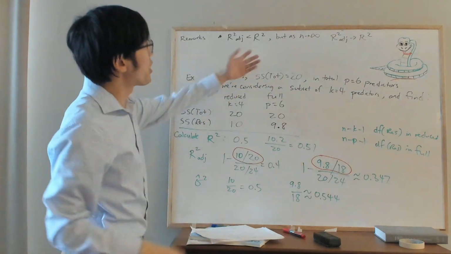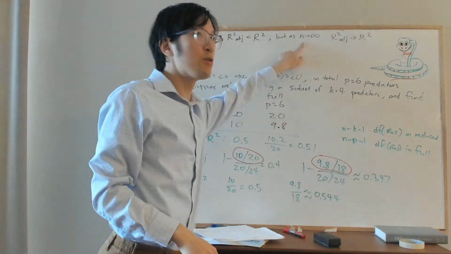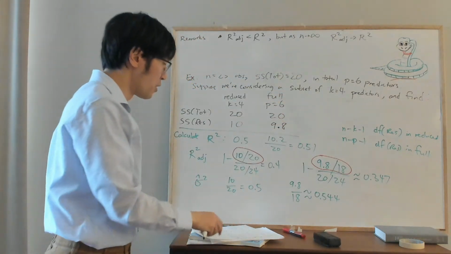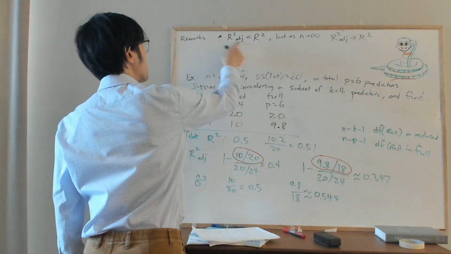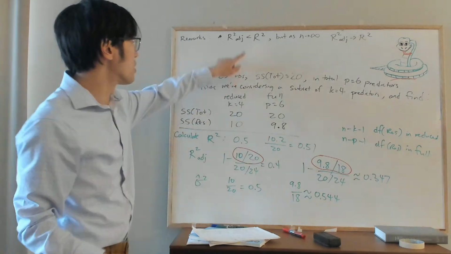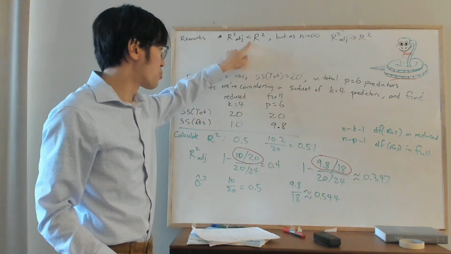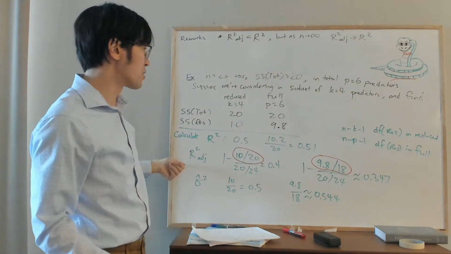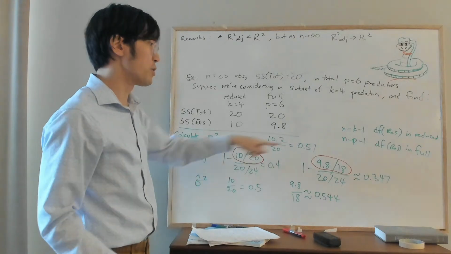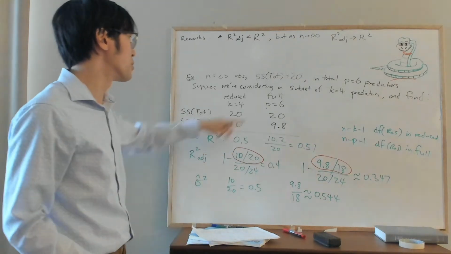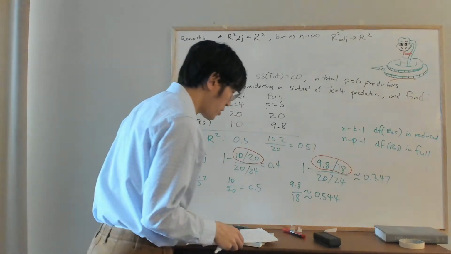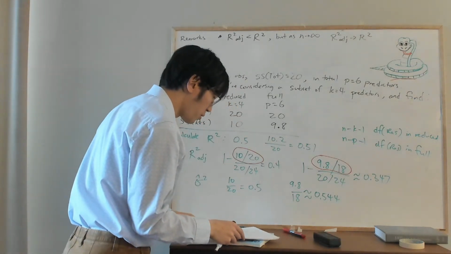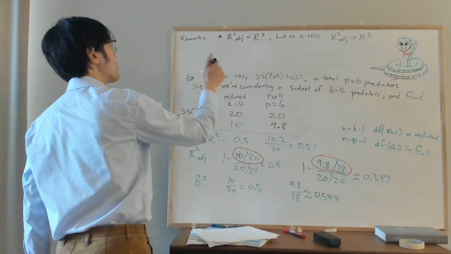Okay, but in practice, of course, we're going to have a limited sample size for learning our model, and so this can be quite useful in practice. For example, in this case, indeed, R squared adjusted went down quite a bit when we threw in two relatively unimportant variables for predicting the response. Okay, so that's the first remark.